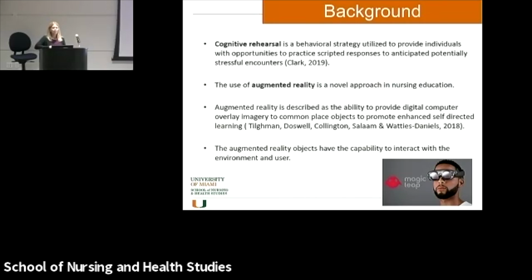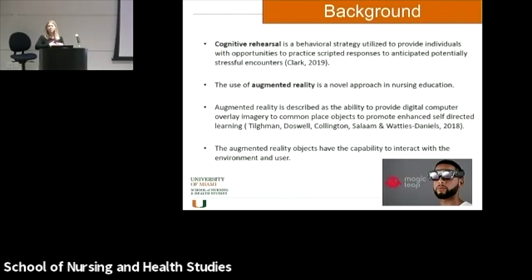So there are different models that can be used. The model that I want to use in this project is actually the CUS model, C-U-S. It's a model that was derived from the Agency for Healthcare Research and Quality TeamSTEPPS program. And the CUS model stands for concern, uncomfortable, and safety.